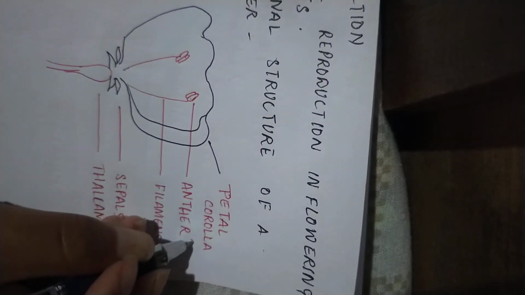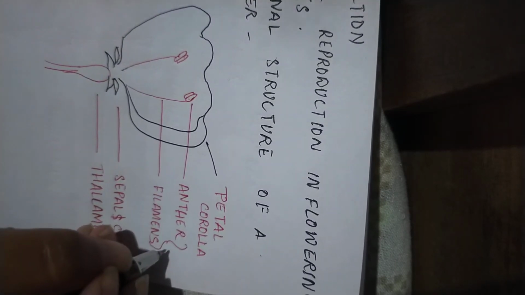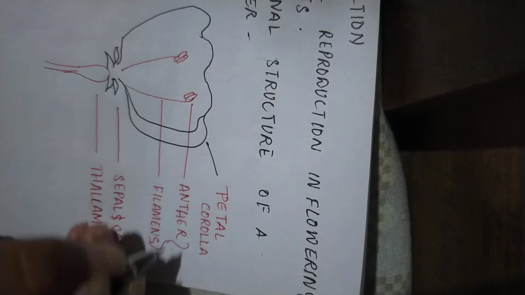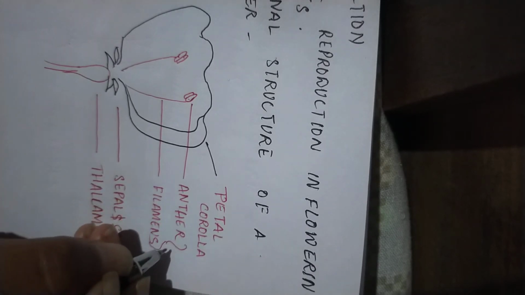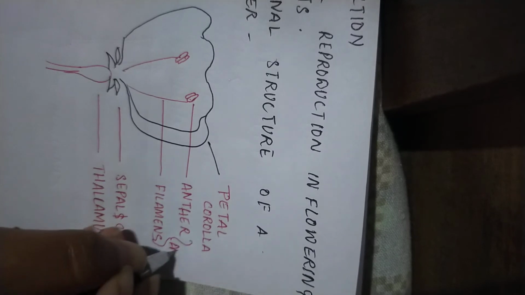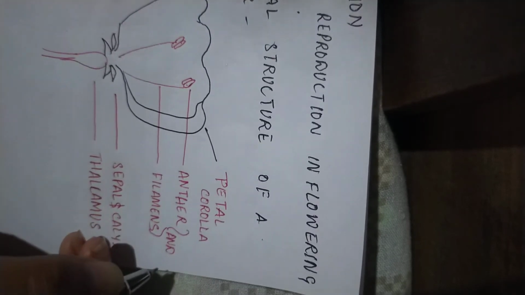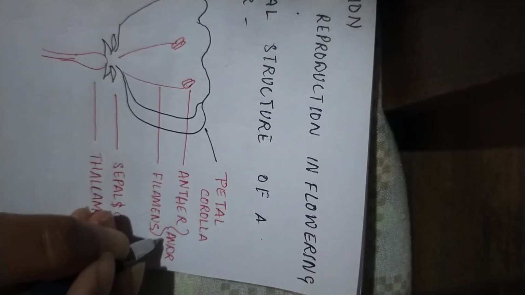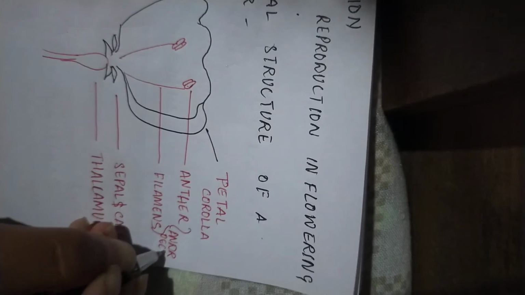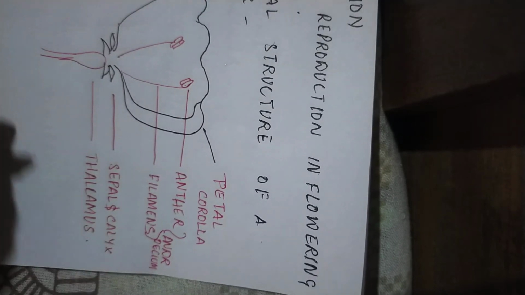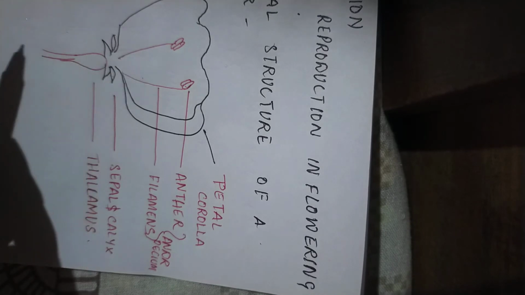More than one stamen is known as the androecium. This is the third whorl of a flower.